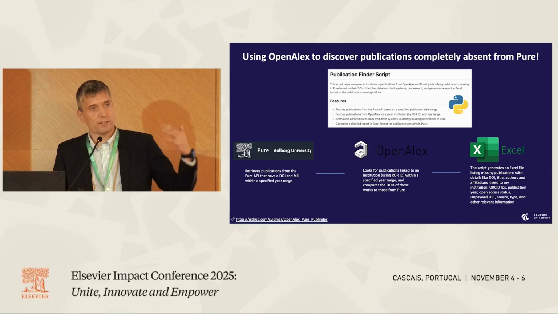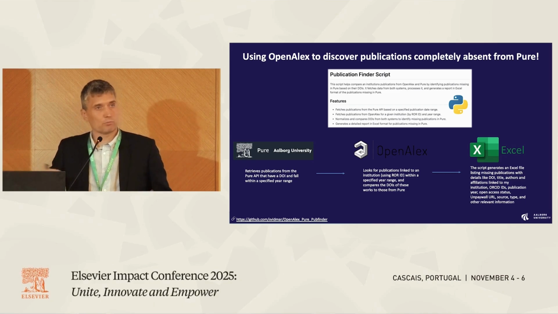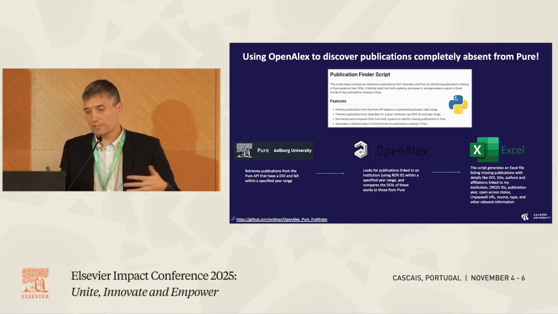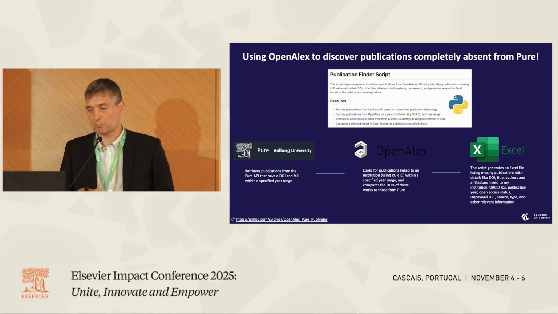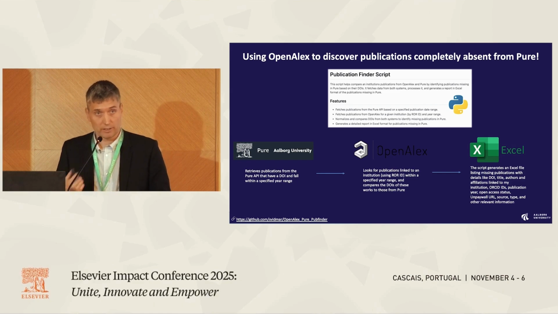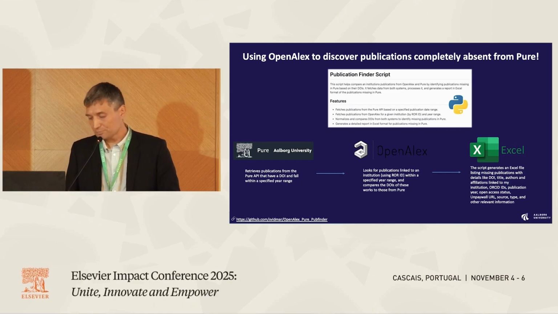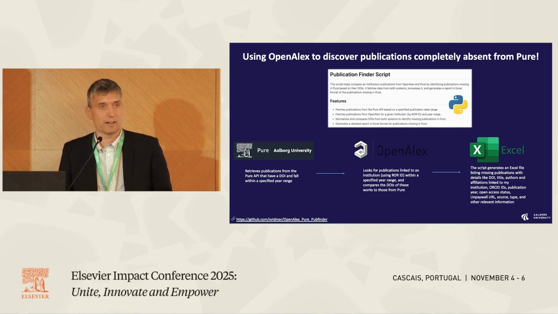So the ones that are in OpenAlex, which we do not have in Pure, this indicates that these should actually be in Pure and these might be missing. It then generates an Excel file with some additional information: DOI, title, authors, ORCIDs, paywall, URL, and other stuff. And you can then use that to import the missing publications in Pure.